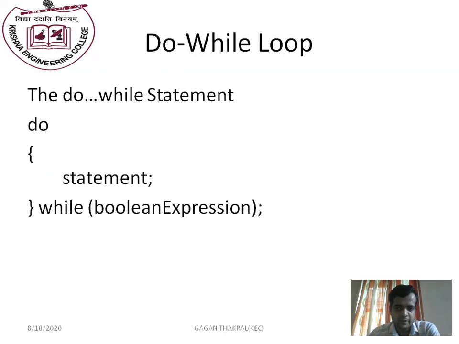So the major difference between while and do while is that in while, it initially checks the condition, and in do while it will execute the statement, then it will check the condition. If the condition is false, then it will still print the statement once in the case of do while, but it is not done in the case of while loop.